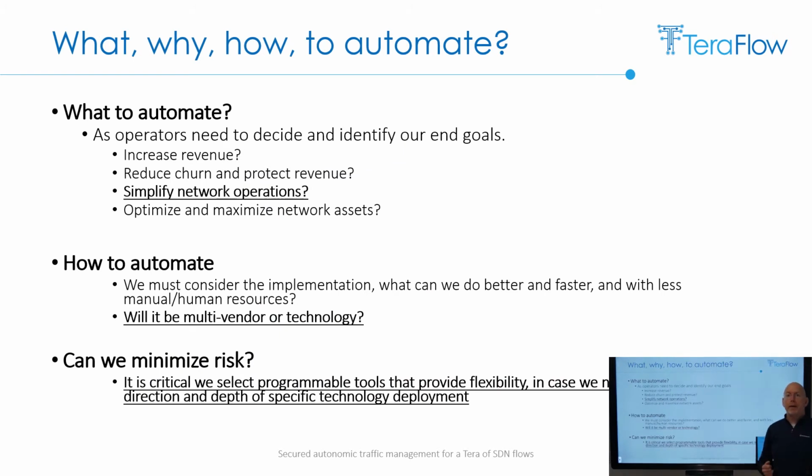Before we decide how or why, we really need to consider what to automate. And it has to be underpinned with some kind of business motivation if I'm looking at this challenge from an operator or a service provider perspective. So we have to identify pain points and end goals. So do we want automation to solve existing problems that require significant manual intervention and sending engineers out on site?